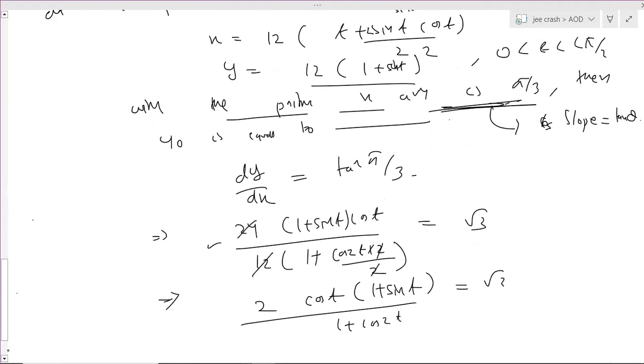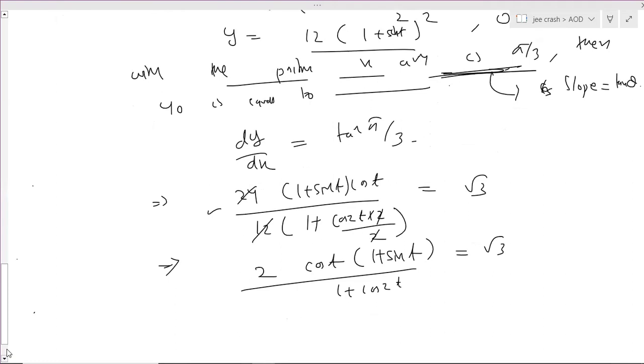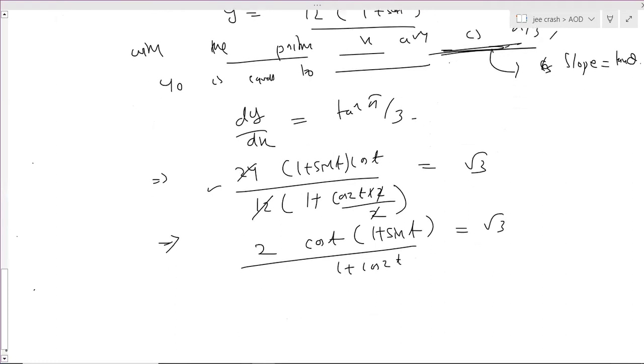So what is 1 plus cos 2t? 1 plus cos 2t is 2 cos square, absolutely correct.